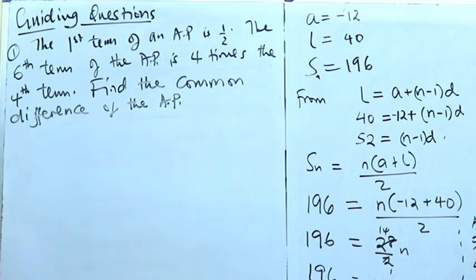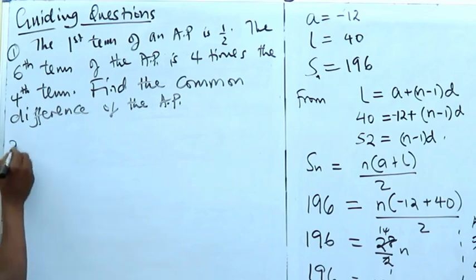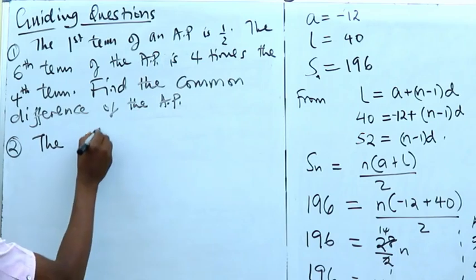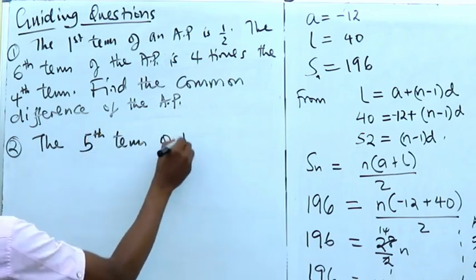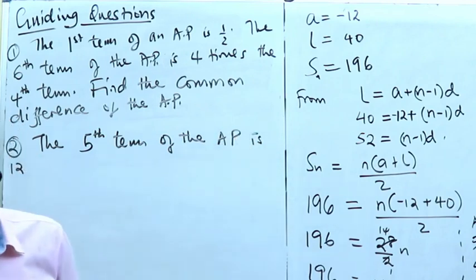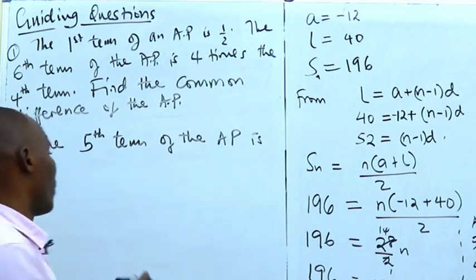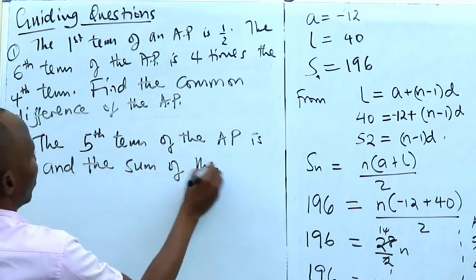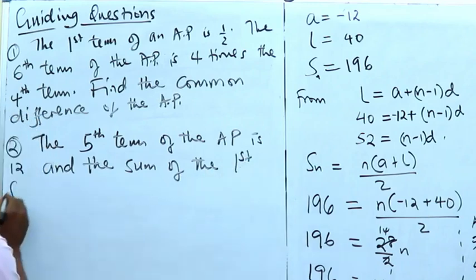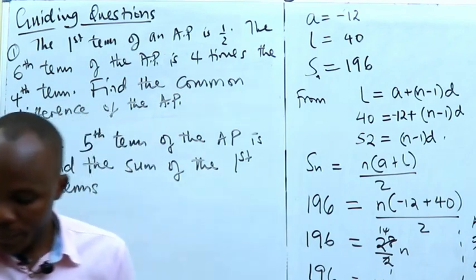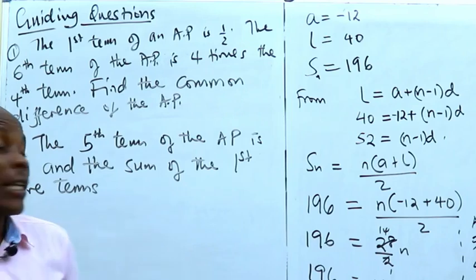Now, this other one is number 2. It is saying that the fifth term of the AP is 12, and the sum of the first 5 terms is 80.